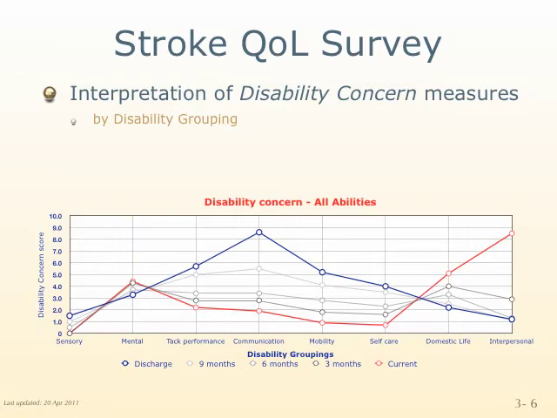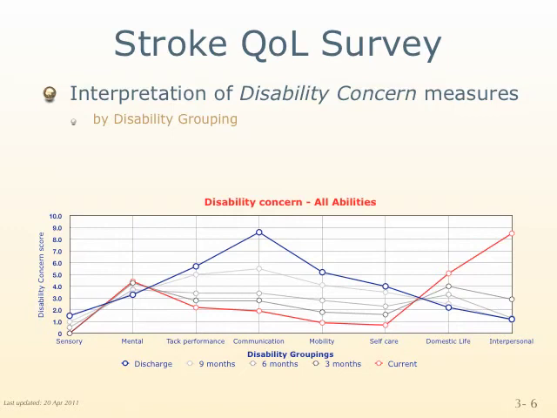Scores of 0 indicate that the survivor is unconcerned about a particular disability, while a score of 20 would indicate the survivor has extreme concern about a particular disability and needs urgent action on it.